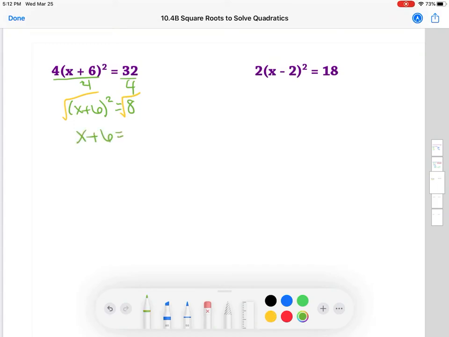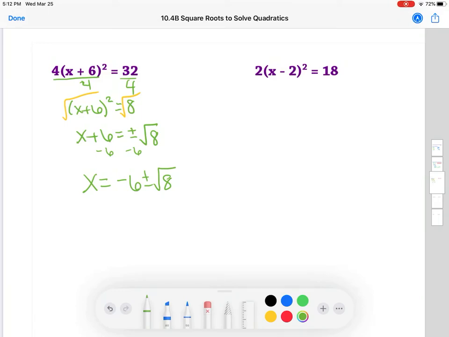X plus 6 equals plus or minus square root 8. Then to get x by itself, we have x plus 6. We don't want x plus 6. We want just x, so we're going to subtract 6. And that number that you add or subtract, if you put it in front, would be the best place for it. Okay, so negative 6 plus or minus the square root of 8.